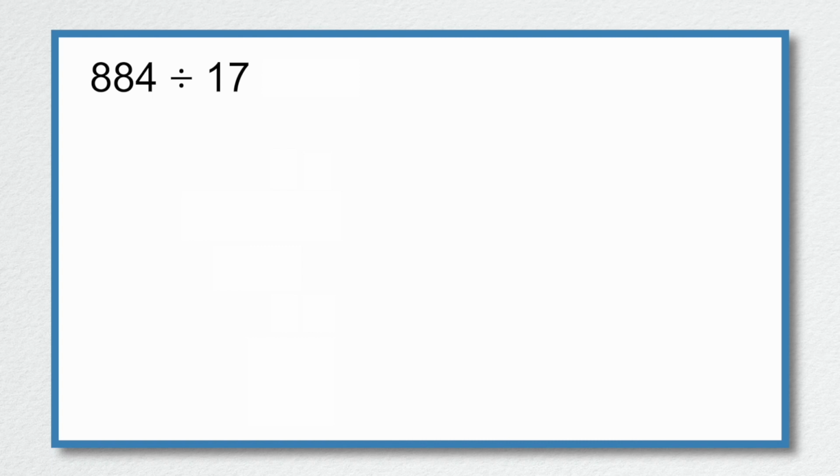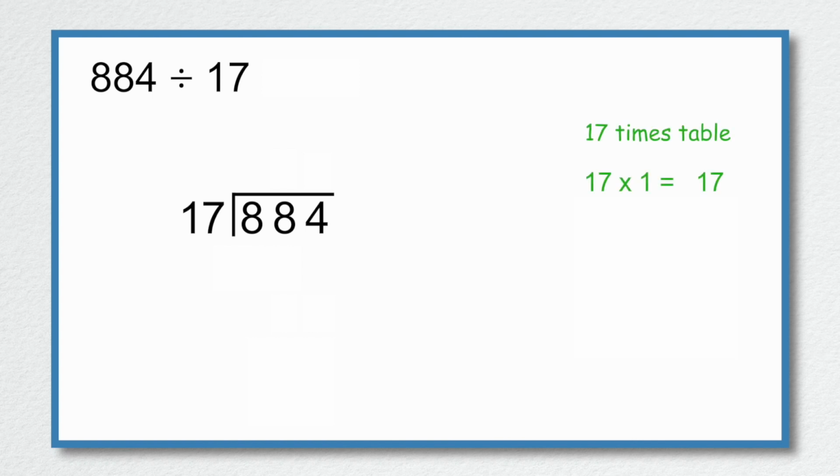884 divided by 17. So let's set the problem out. Now a good starting point is to write down the multiples of 17, which you're going to have to do yourself because you're not allowed to use a calculator. So basically you start with 17, for 17 multiplied by 1. Then you add 17, which is 34, to get 17 multiplied by 2.